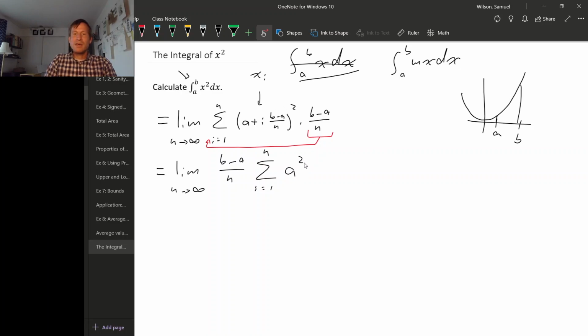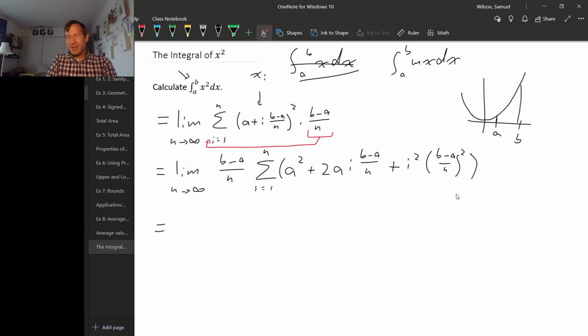So a squared plus 2 times a times i times (b minus a) over n, plus the second part squared, so i squared times ((b minus a) over n) squared. Okay, so it's going to get worse before it gets better, but let's see what to do next.